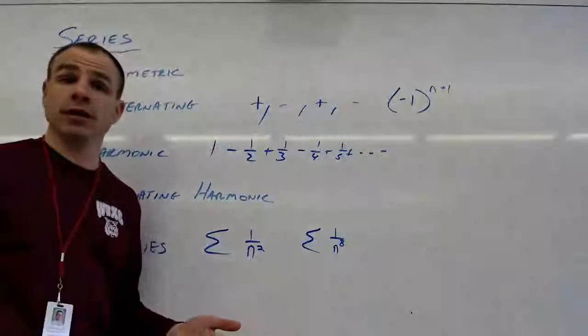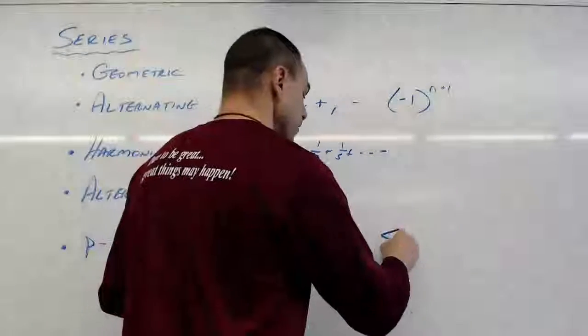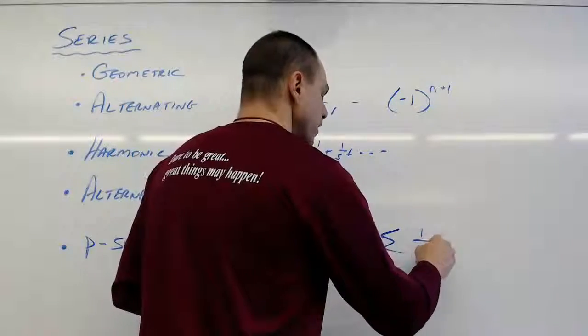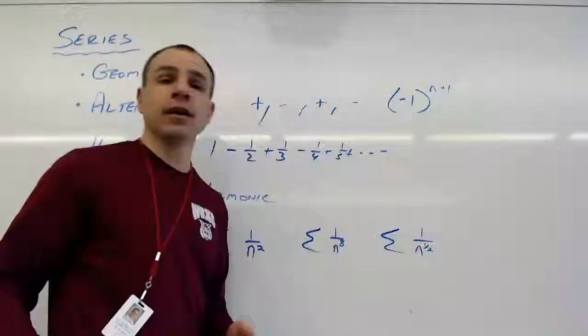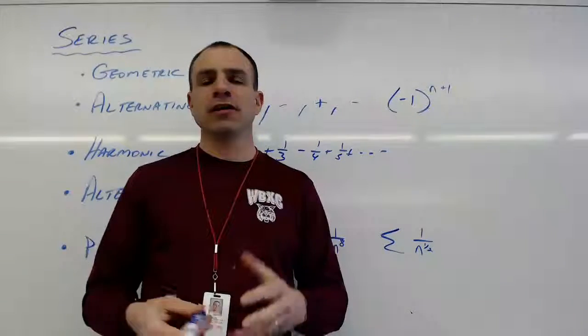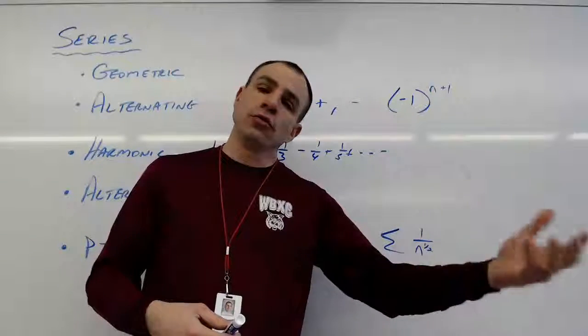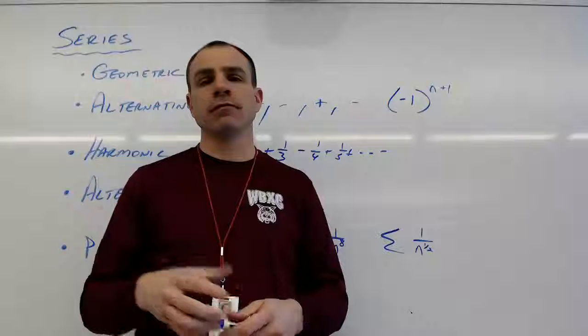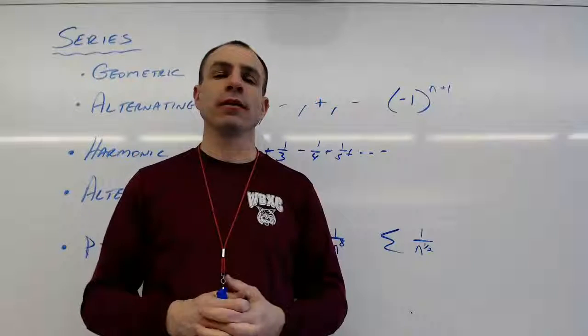And the power can be a number that's less than 1. You can have 1 over n to the 1/2, and that would also be a p-series. So the idea is that you just have 1 over n to a particular exponent. And then again, there's a sort of tipping point there, which we're going to talk about.